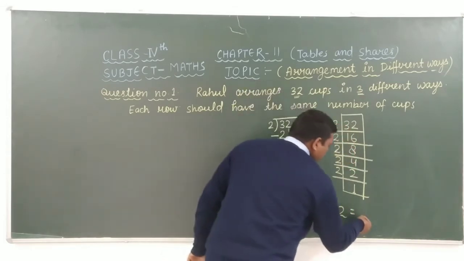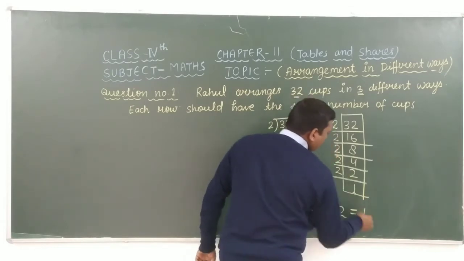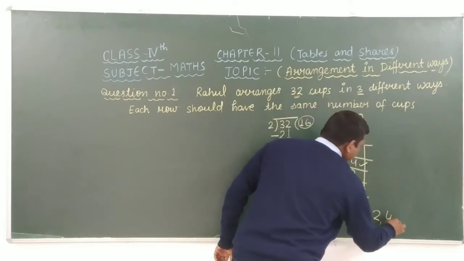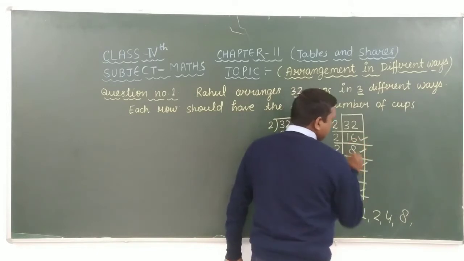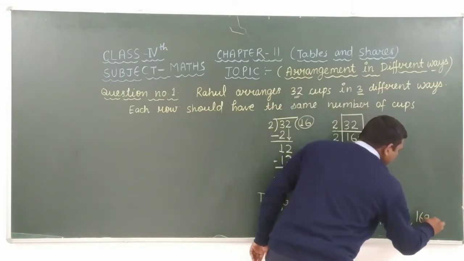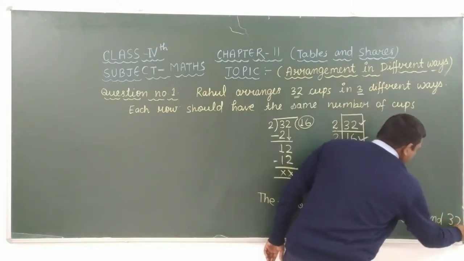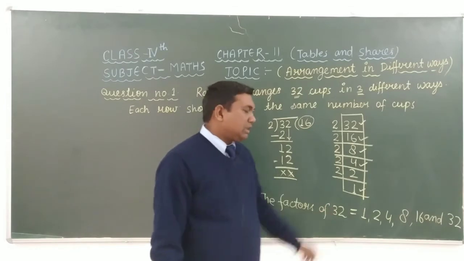Therefore here we can write 1, 2, 4, 8, next 16 and 32. 32 is a factor of 32.